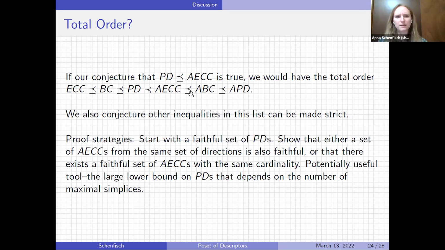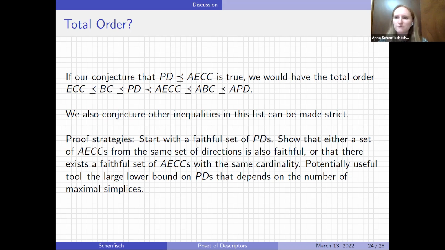So in general, how would we go about showing these results? They're tricky to prove because they deal a lot with minimal sets of things, and showing that something actually is minimal can be a challenge. If I wanted to show this conjectured inequality, that persistence diagrams are strictly less than augmented Euler characteristic curves, there are a couple of possible proof strategies.